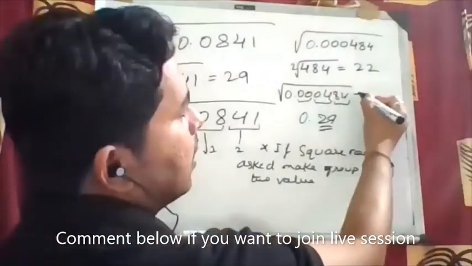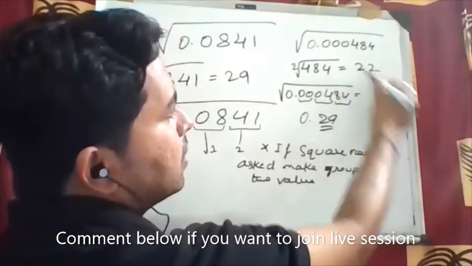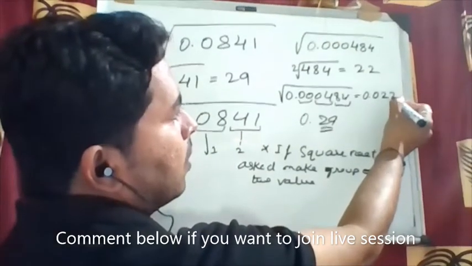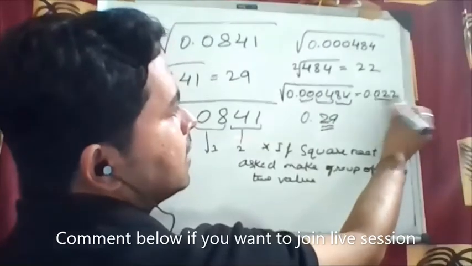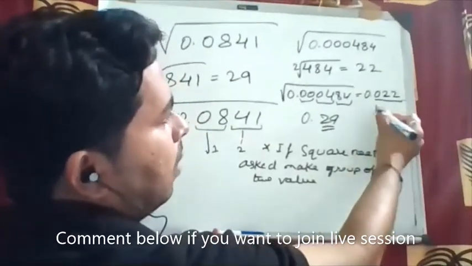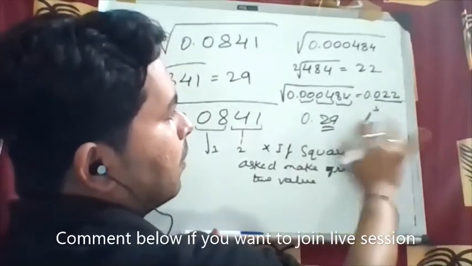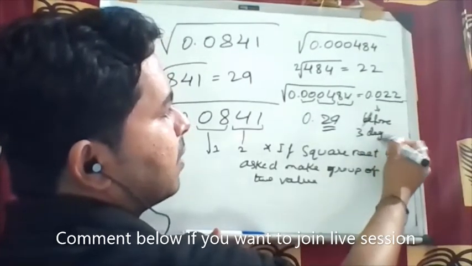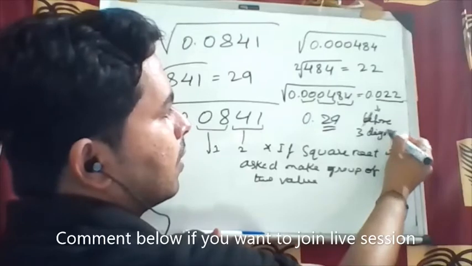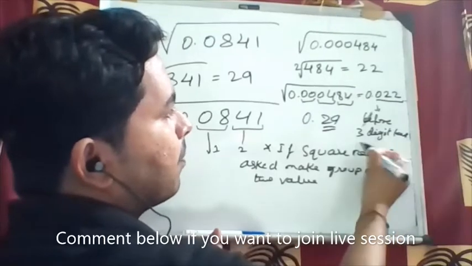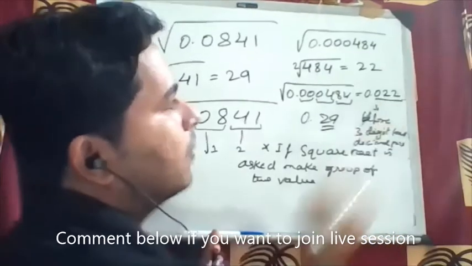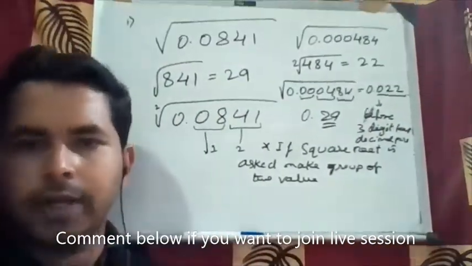Here already 2 are there, so add 1 zero. Before 3 digits, keep a decimal point. This is the way to find a value for a decimal.